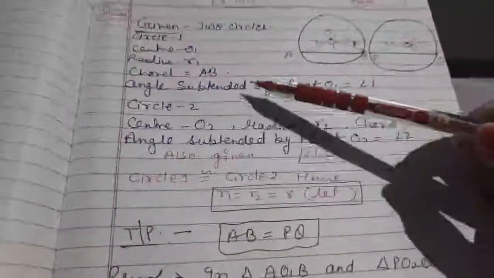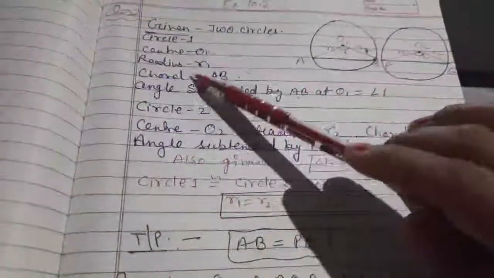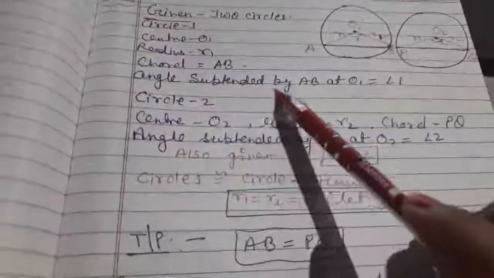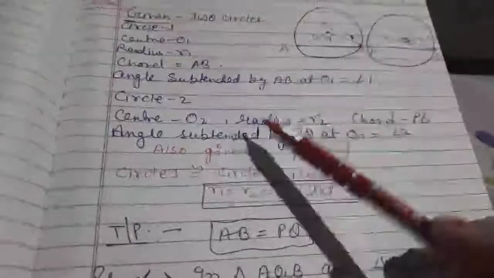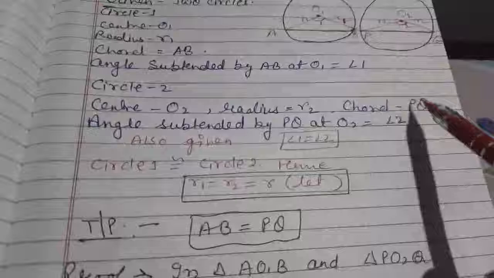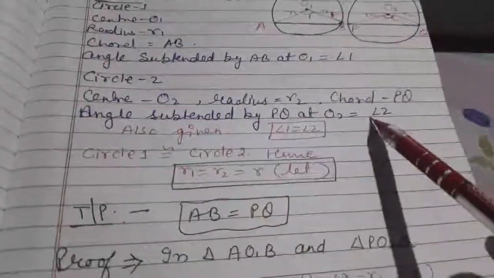So what is given: I am writing circle 1, center O1, radius R1 and chord AB, and the angle subtended by AB at O1 is angle 1. Similarly, in circle 2, center O2, radius R2, chord PQ. The angle subtended by PQ at O2 is angle 2.